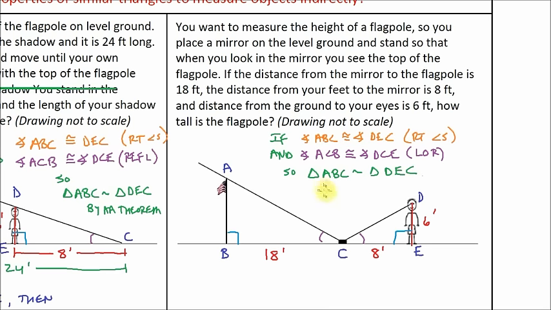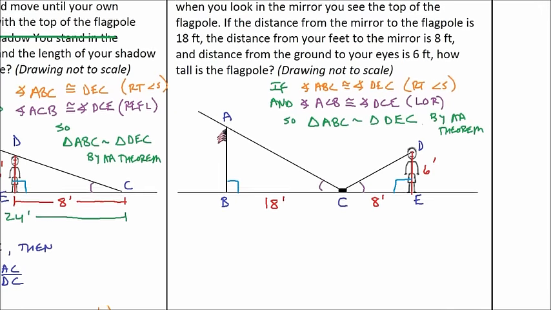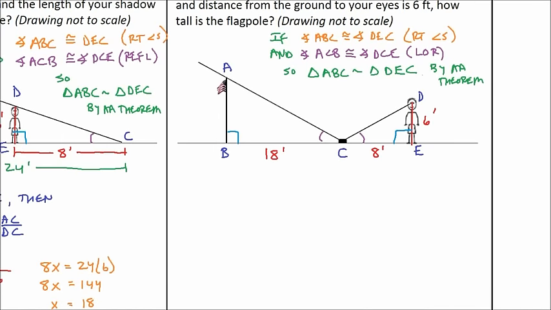And that's because of, and I'll put on here, by a theorem. Sorry I'm cramming so much in a small space. I could have done this on the bottom, I guess. So now we've proven that these two triangles have two congruent angles, therefore they're similar, therefore we can use the properties of similarity to find the height of the flagpole.